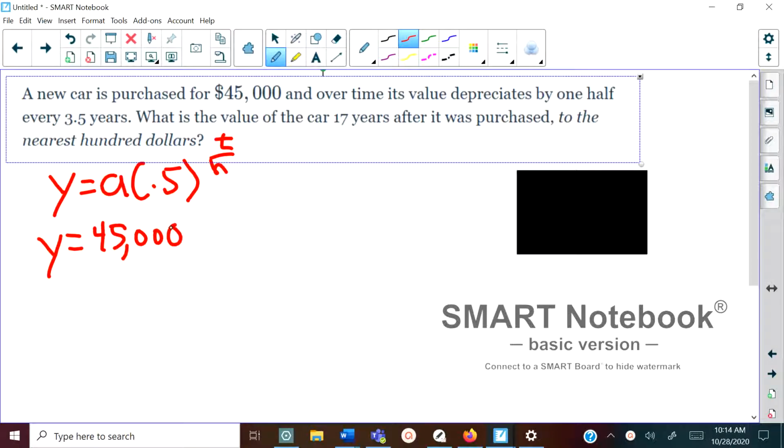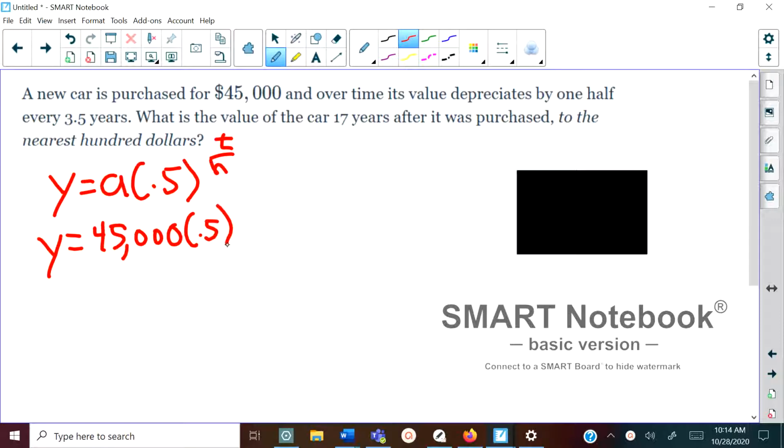Alright, and we're going to put in the 0.5 because it's a halving formula, and now all we got to do is put in our t and h. Well, t is the number of years total, so that's 17, and we're going to divide that by however many times we halve it. We halve it every 3.5 years, so that's going to be 3.5.